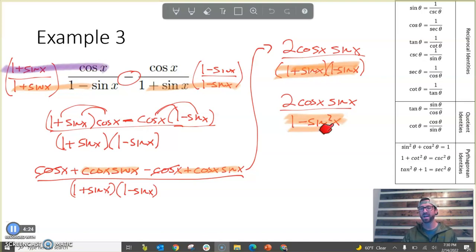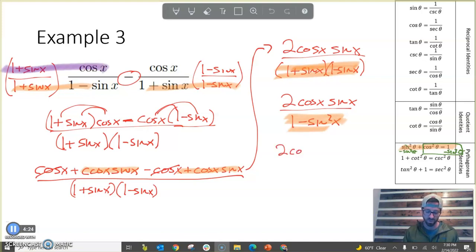Well, 1 minus sine squared x, you're going to find that right over here in your Pythagorean identities. If I subtracted sine squared theta from both sides of this identity, we get cosine squared theta equals 1 minus sine squared theta. So by rearranging that Pythagorean identity, we can substitute something out here.